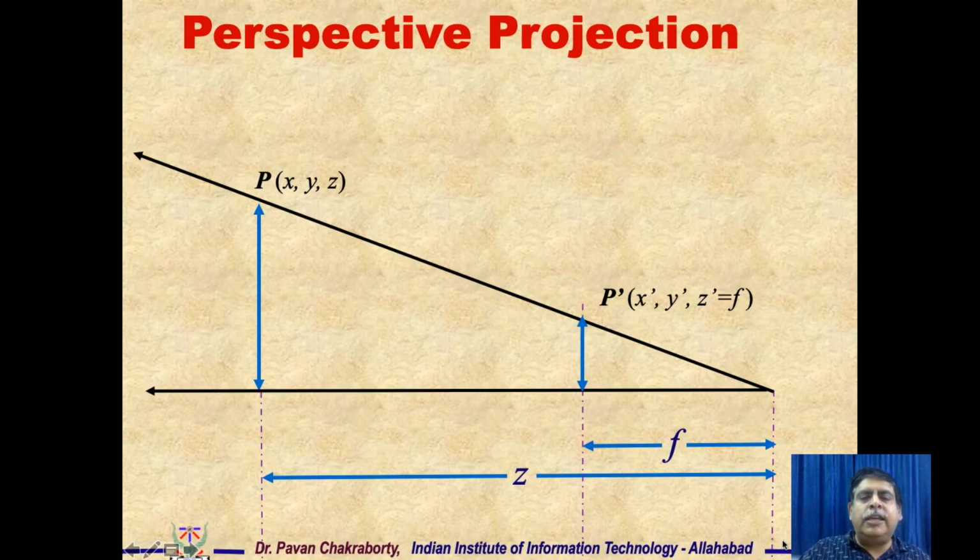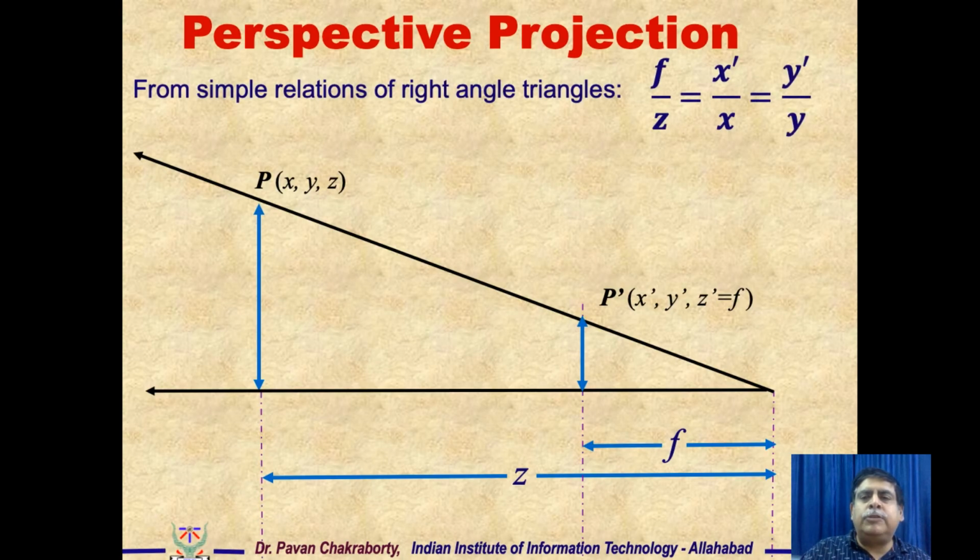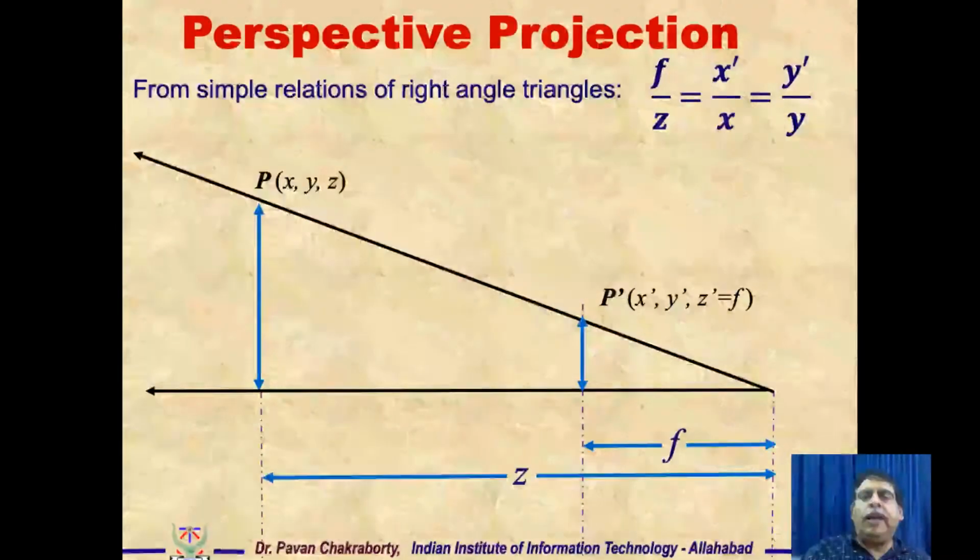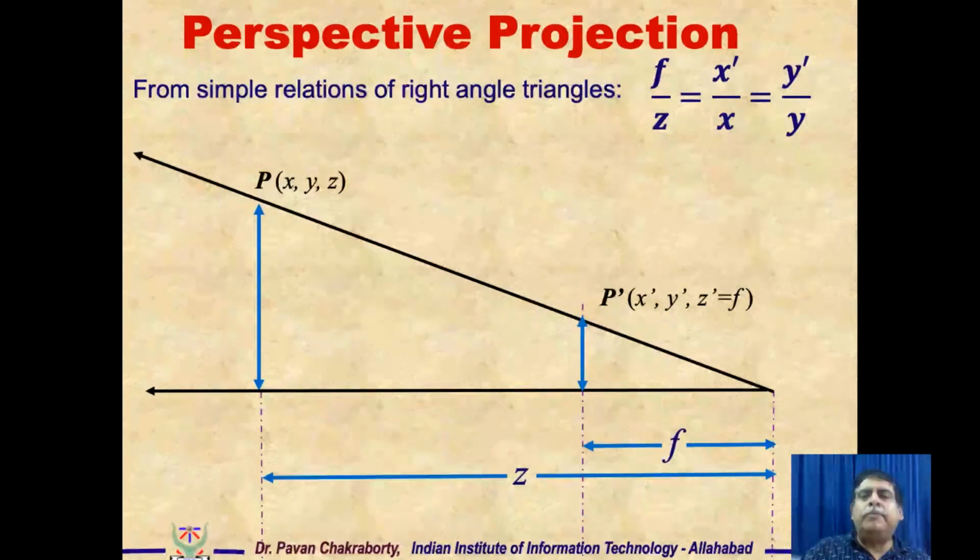So trigonometrically now we can solve this problem by taking different ratios. I know that the ratio of the height P versus Z is equal to the height of P prime versus F. These are properties of right angle triangles, and from this simple trigonometry I can say that f by z is equal to x prime by x and y prime by y.